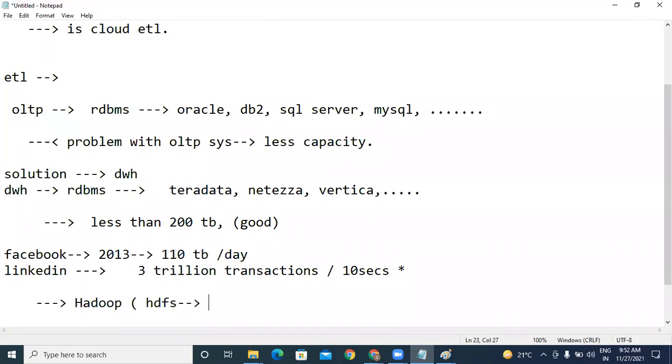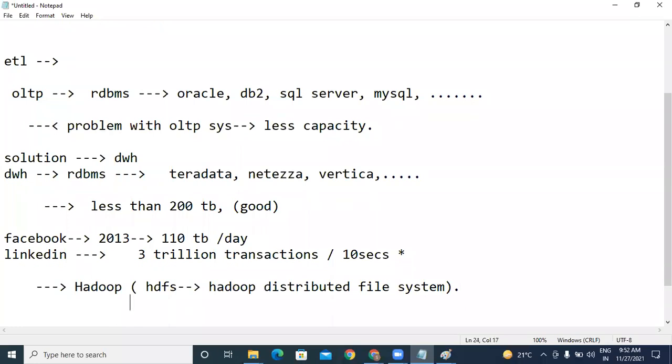Anyone knows about it? What is the full form of HDFS? Hadoop Distributed File System. Around 2011, it came into the market with a new feature called unlimited data storage.